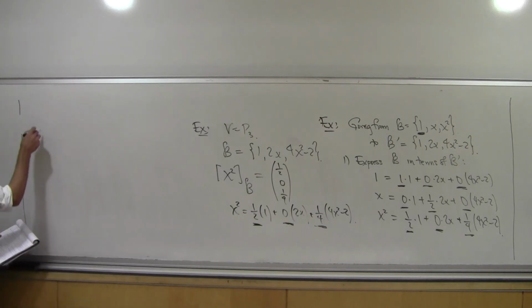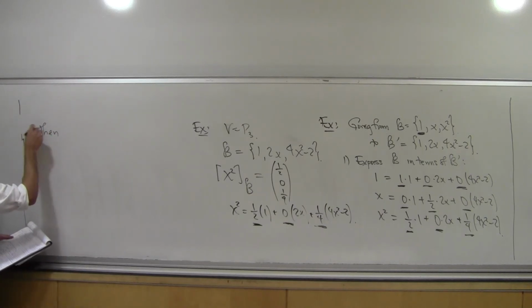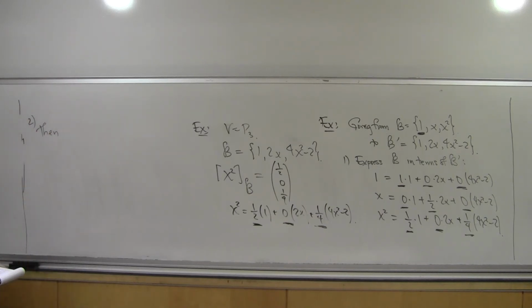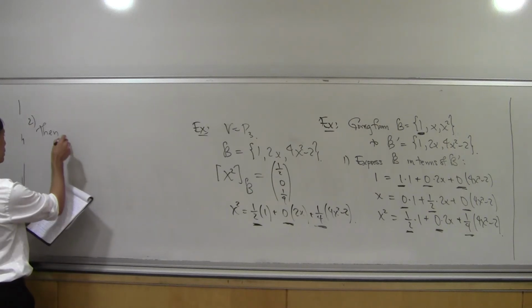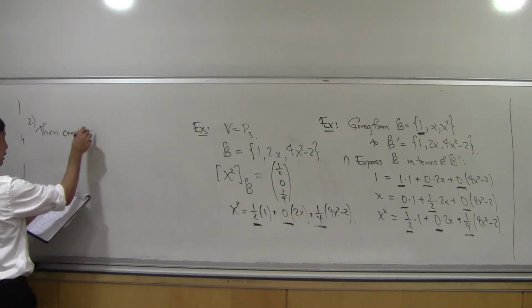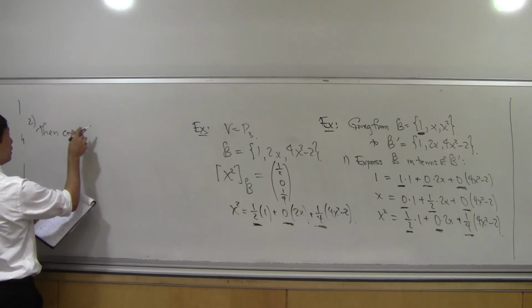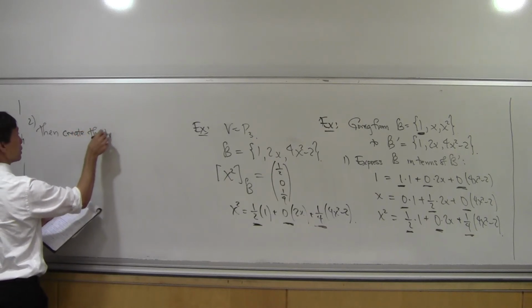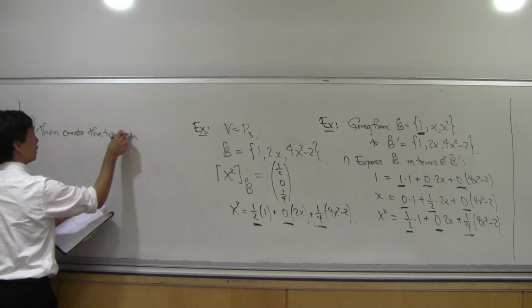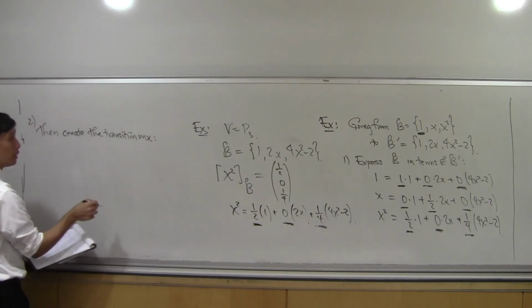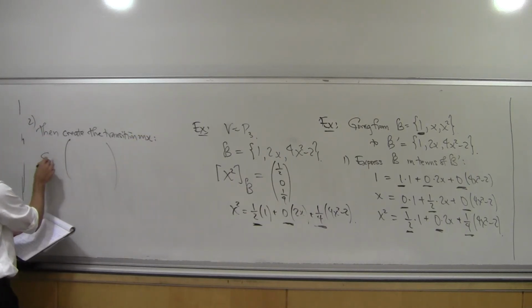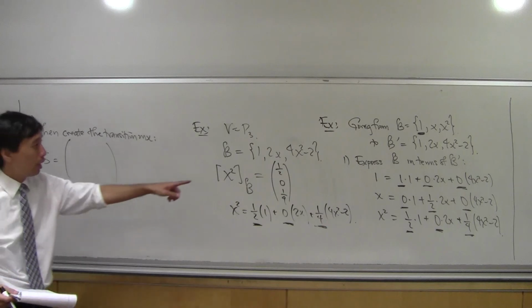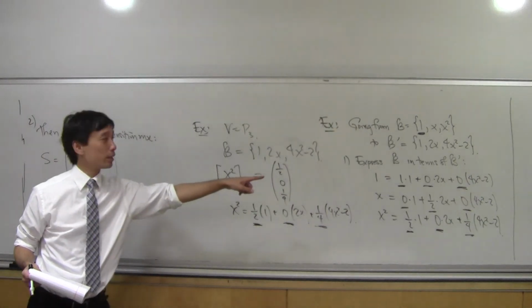So then, part 2, create the transition matrix. The transition matrix turns out to be the transpose of the matrix of coefficients here.